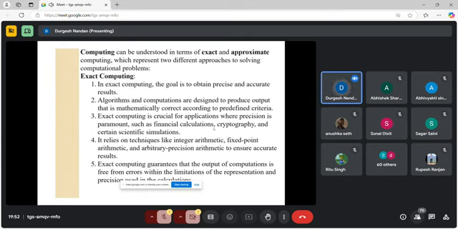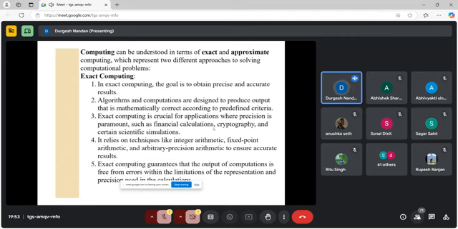I give you a real-time example: normally we know that 2 multiplied by 2 is equal to 4. But in VLSI, if 2 multiplied by 2 comes out as 3.8, then it is also acceptable in several places.